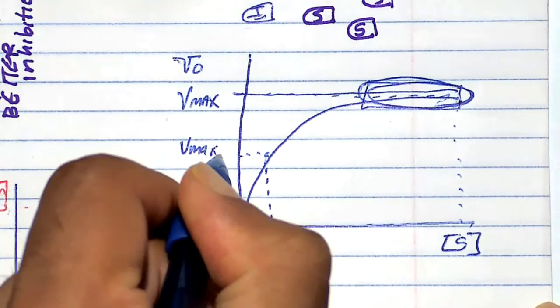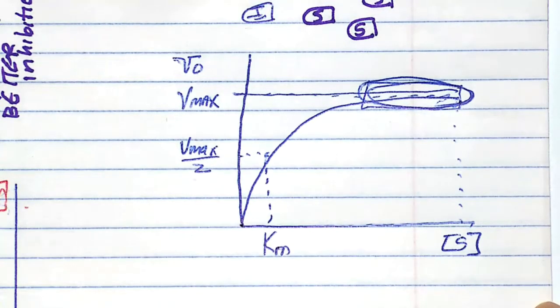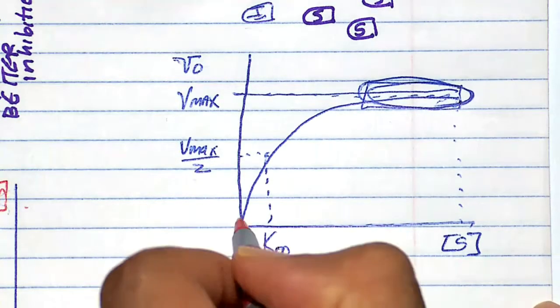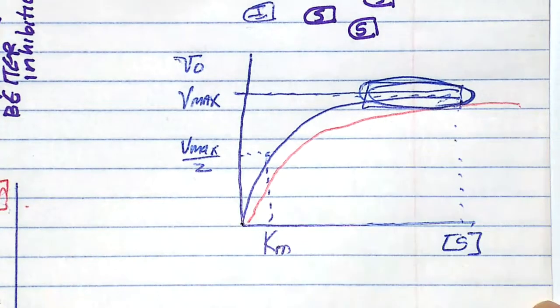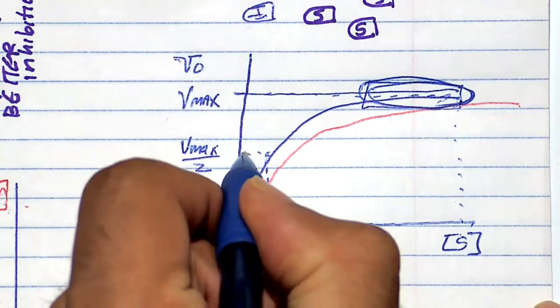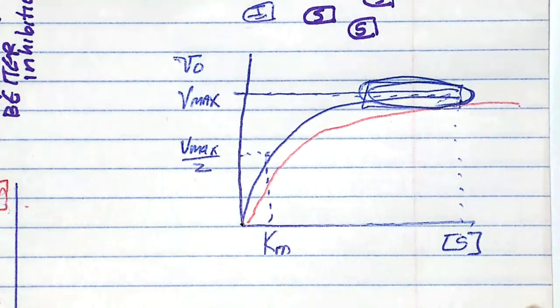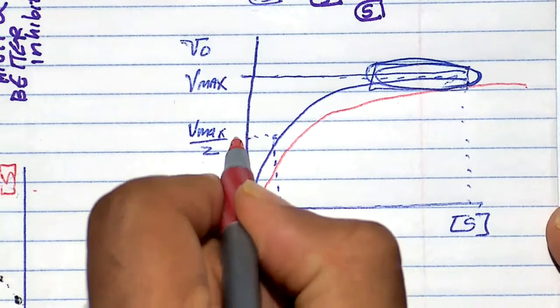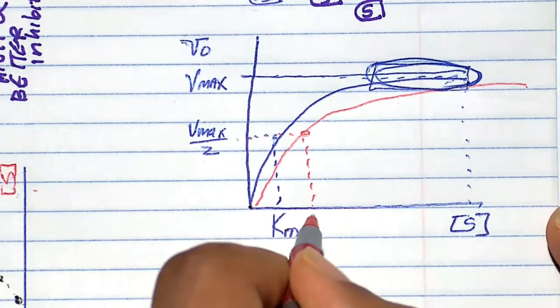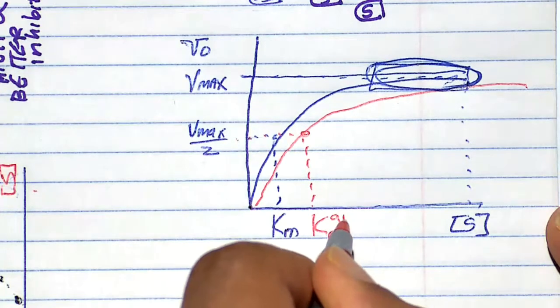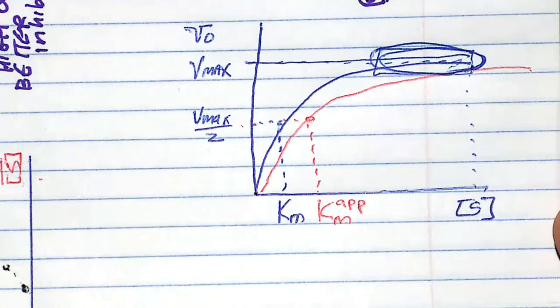To get to Vmax over 2, I think intuitively you probably guessed it. You've added more substrate, so now you're going to need more substrate molecules to achieve Km. So our apparent Km has now increased.